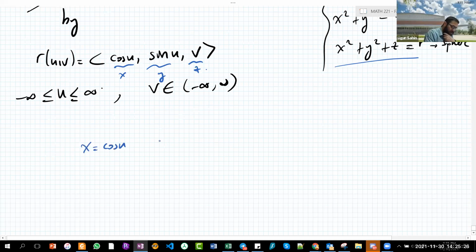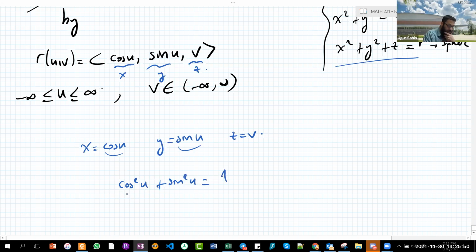Do you have an idea? If you see the cosine and sine, you can use this trigonometric identity. I have this relationship: cosine squared u plus sine squared u equals 1.